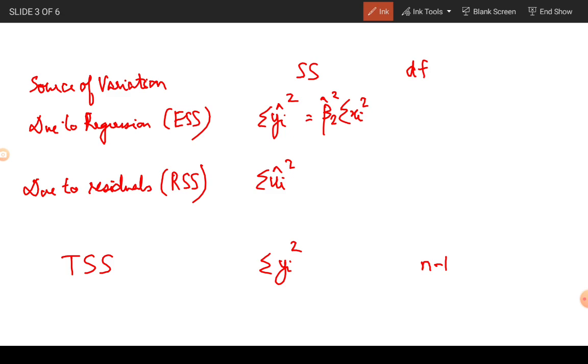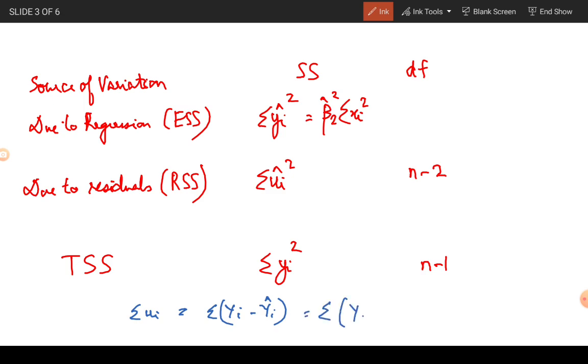Your residual sum of squares is associated with n minus 2 degrees of freedom. This is because you have total n observations, and remember, your ui is yi minus yi hat, right?